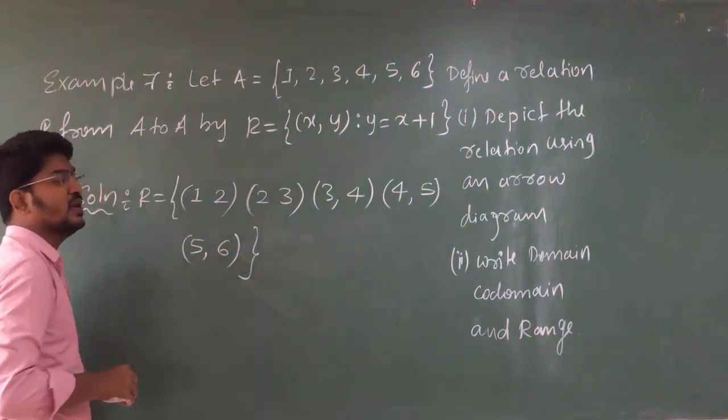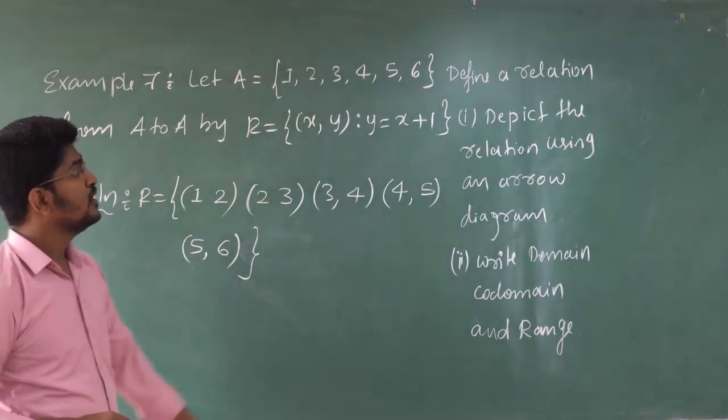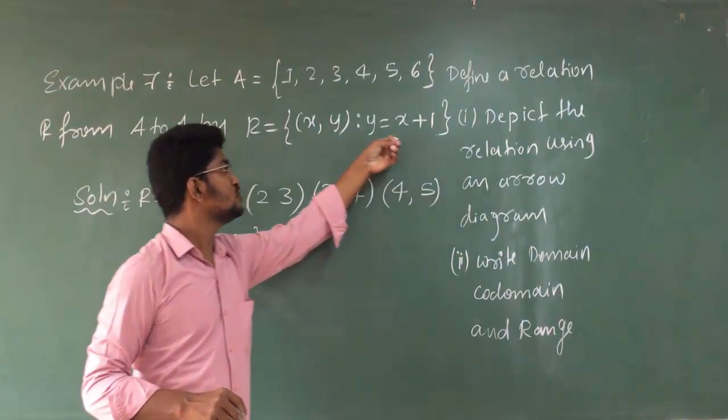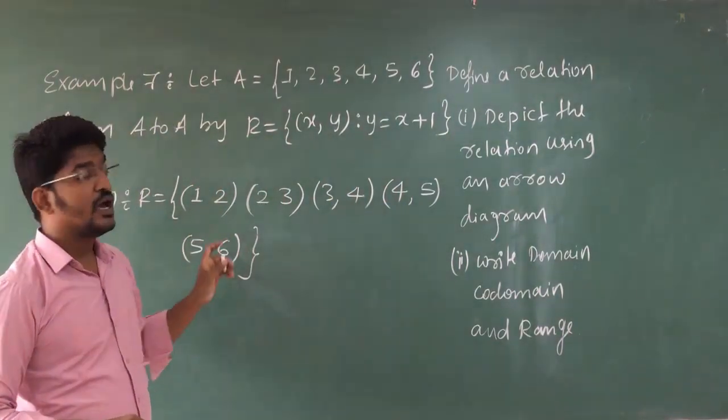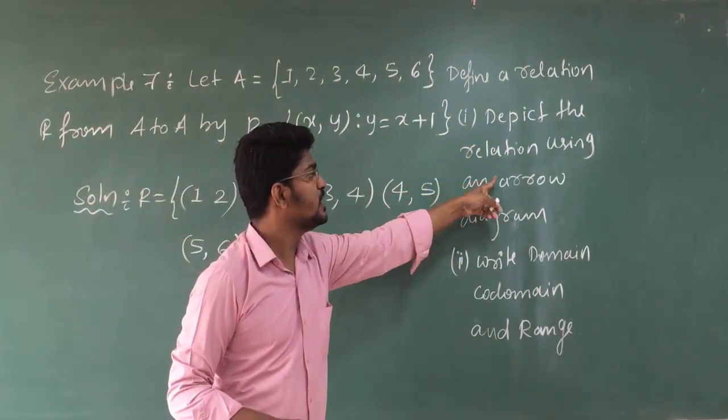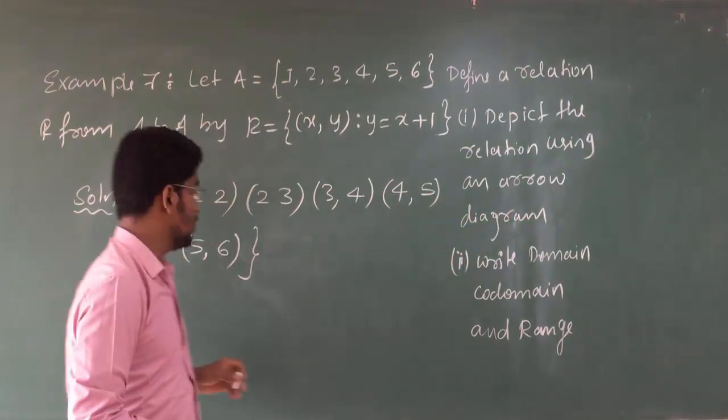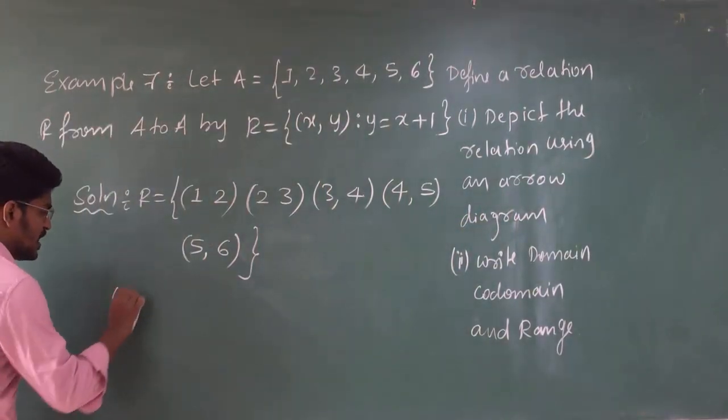Here your relation ends. Next, you have solved this relation and written the ordered pairs. According to the question, you have to write the arrow diagram. So first one, arrow diagram.